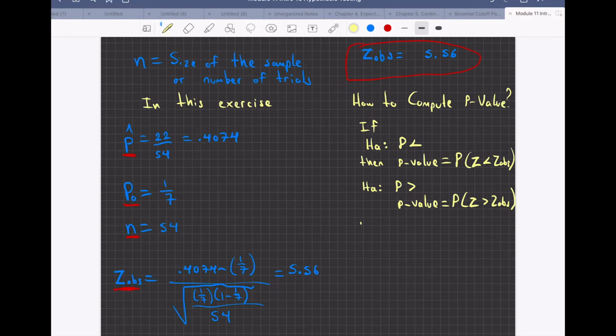And if the alternative is p different, the p-value is twice the probability that C is greater than the absolute value of C observed.